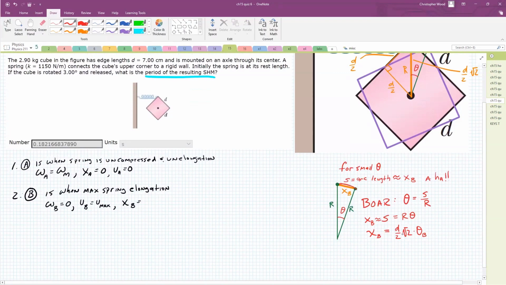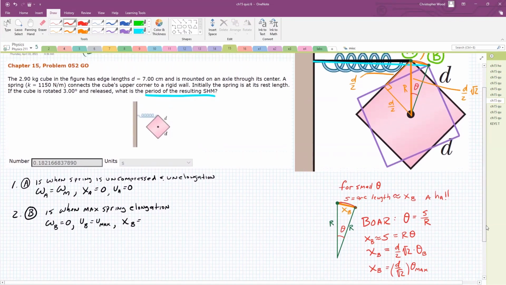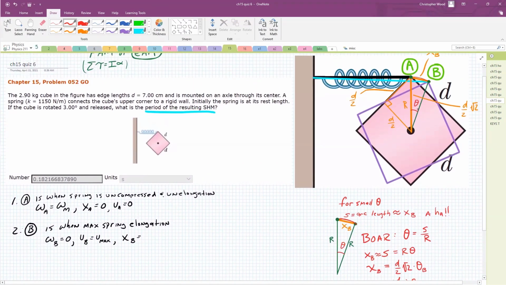This is saying the same. I'm going to multiply this by root 2 over 2. So X sub B equals D over root 2 times theta. That's my arc radius. And you know what? I'm actually going to call this theta max, because at energy state B, that theta is the largest value it's ever going to get. So this is theta max.